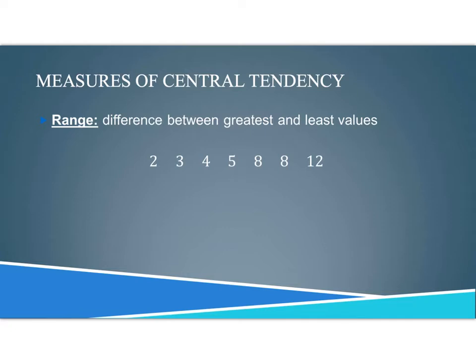Sometimes when we're looking at measures of central tendency or data values in general, there are a few additional things we like to look at. One of those things is called the range. The range is the difference between the greatest and the least values. So here, if I want to find my range, I'm going to take 12 and subtract 2, because 12 is my greatest value and 2 is my least value.